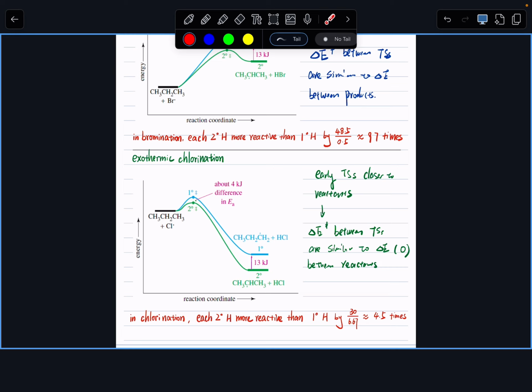If in earlier slides you said that chlorine has to be exposed to natural light or heat for the reaction to happen, why is it considered exothermic if you technically have to add heat to the reaction for it to happen? To answer this question, first of all, you have to think about the elementary step when we're talking about specific selectivity.